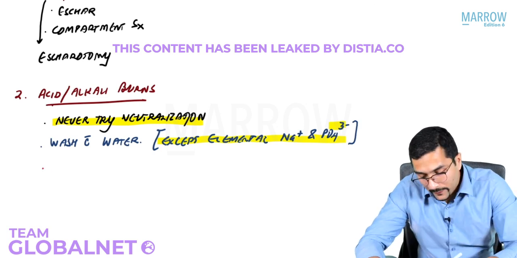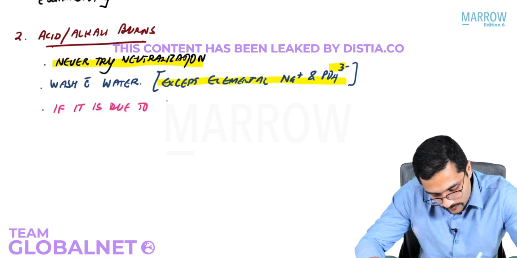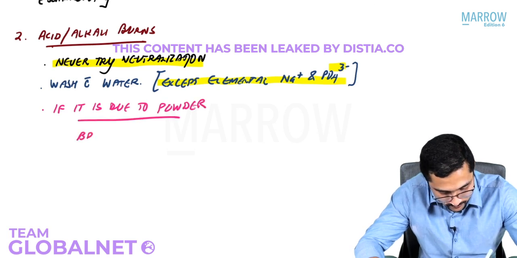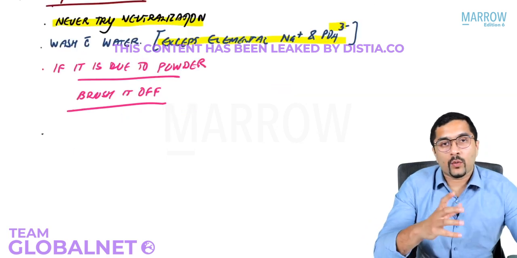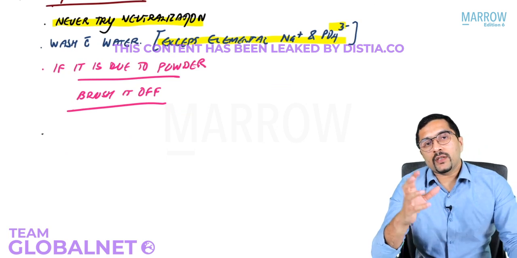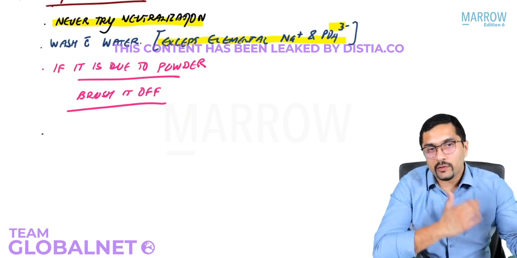You should know that if it is due to a chemical powder, we just brush it off. Again, when it's due to a chemical powder, we don't use water over it.